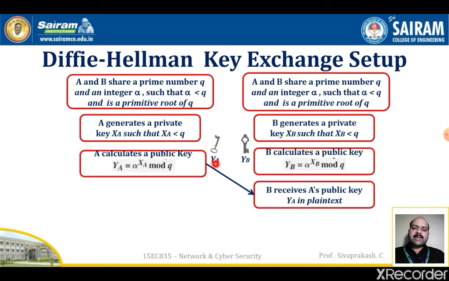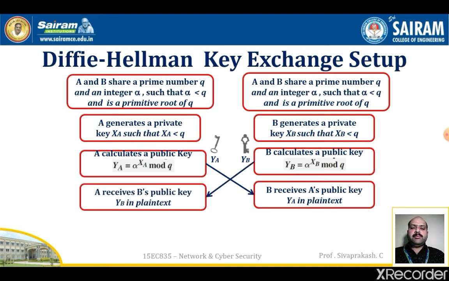Then user A shares its public key with user B. Similarly, user B shares its public key YB with user A. A receives B's public key YB in plain text and B receives A's public key YA in plain text.